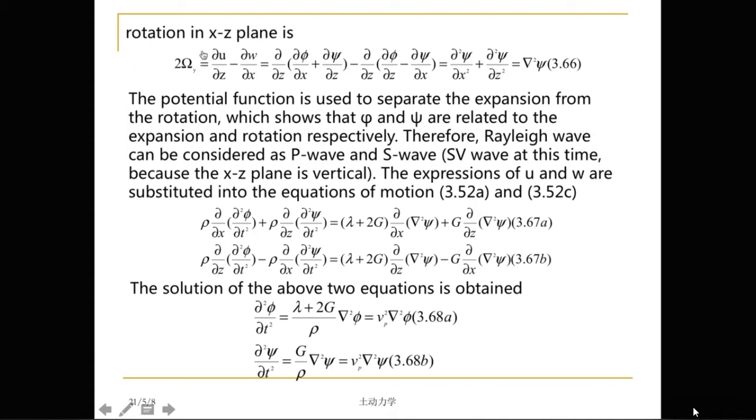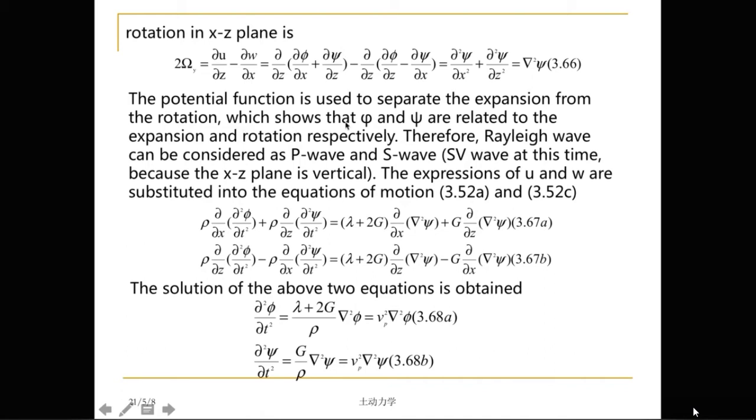For rotation in the xz plane, 2 omega y is du/dz minus dw/dx. We also substitute that. Finally, simplify it, and we get a Laplace operation on the psi function. The potential function is used to separate the expansion from the rotation.